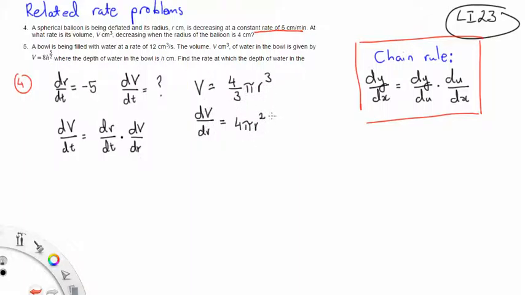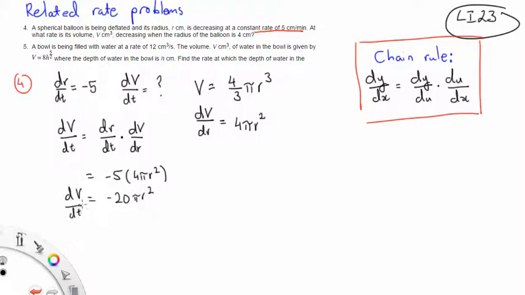We've got dV/dr. We've got dr/dt. Let's sub these into our chain rule formula. dr/dt is -5. dV/dr is 4 pi r squared. Well, that equals -20 pi r squared.